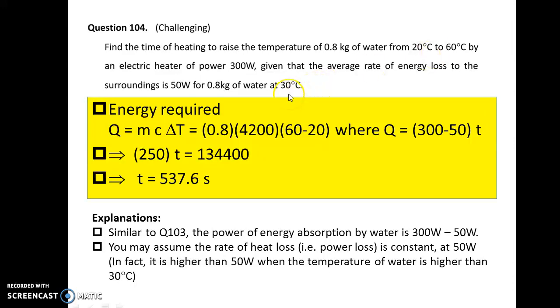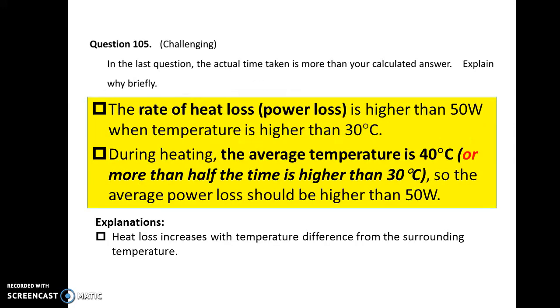And this is now 30 degrees Celsius, 50 watts. So at 40 degrees Celsius, the power loss should be larger than this, 50 watts. Right? So our answer would be, since the rate of heat loss, which is the power loss, should be higher than 50 watts, because the average temperature is 40 degrees Celsius, but not 30 degrees Celsius. So the power loss should be higher.